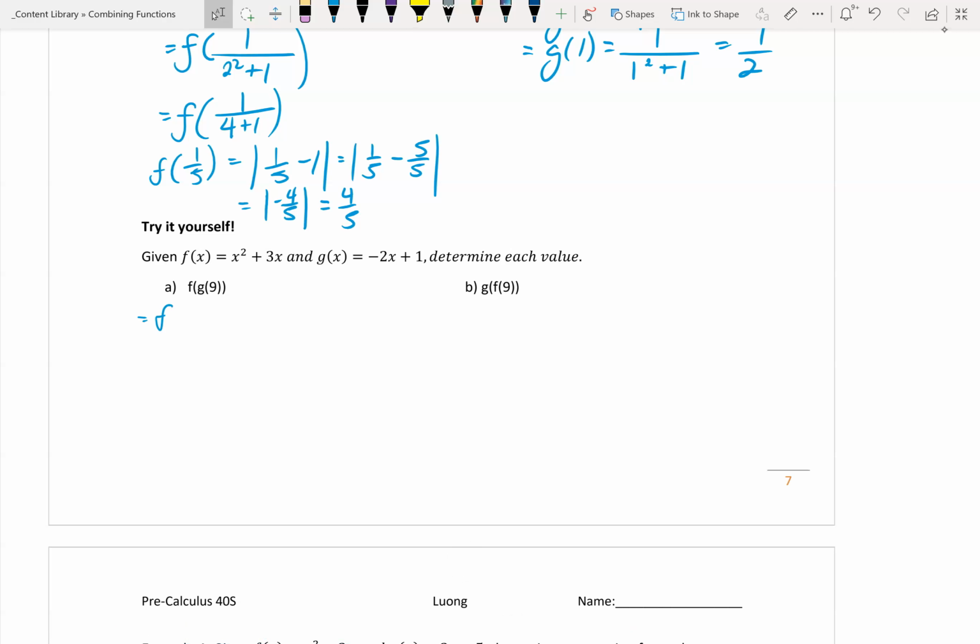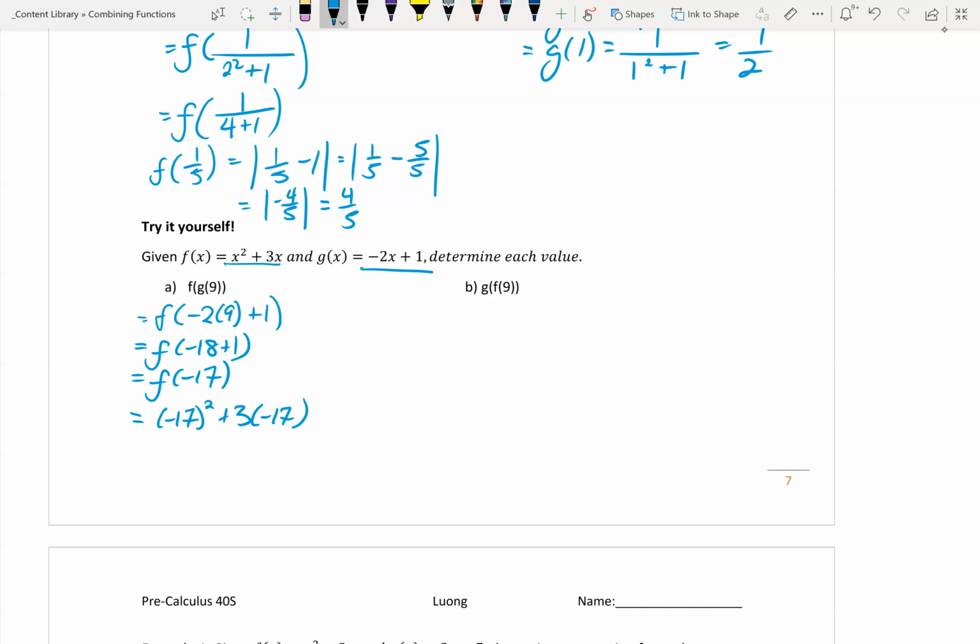So you have f of g of 9. So we're going to calculate g of 9 first. So the g is -2 times x. In this case, our x is 9, and then plus 1. I'm going to simplify this. So we're looking at f of -17 then. Then we're going to insert this into our f function, which is x squared plus 3x. Instead of putting the x in there, I'm going to write -17 in for the x instead. 17 squared is 289.